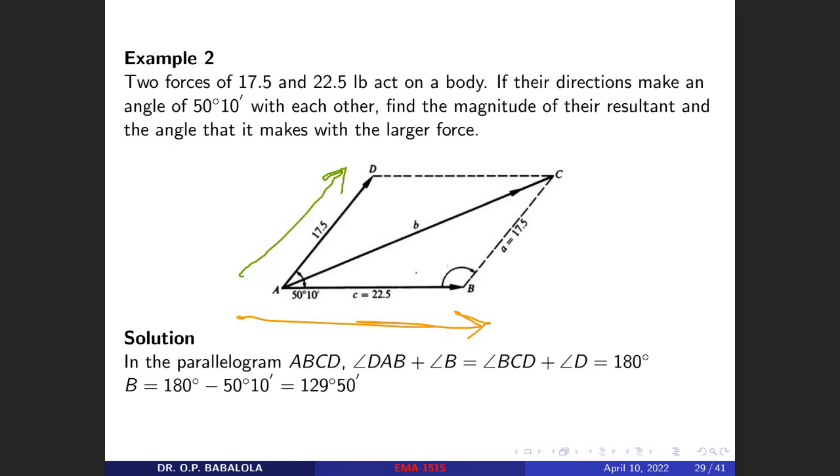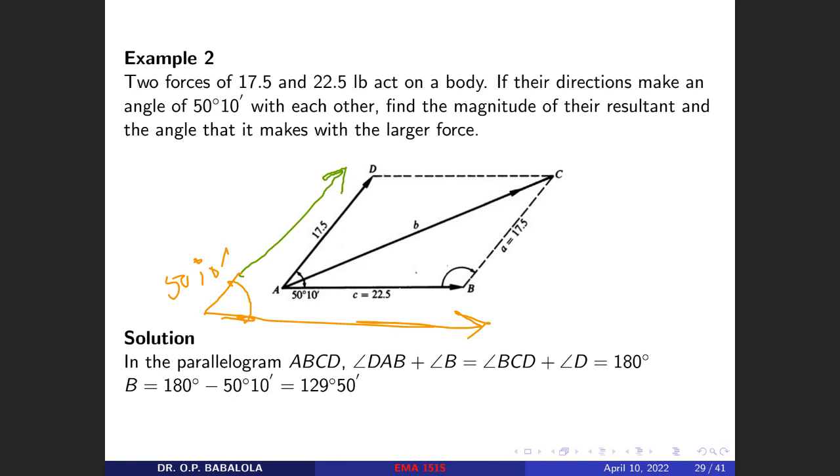Both forces are acting on an object, and we have been told that their directions make an angle, this is the angle, of 50 degrees 10 seconds with each other.